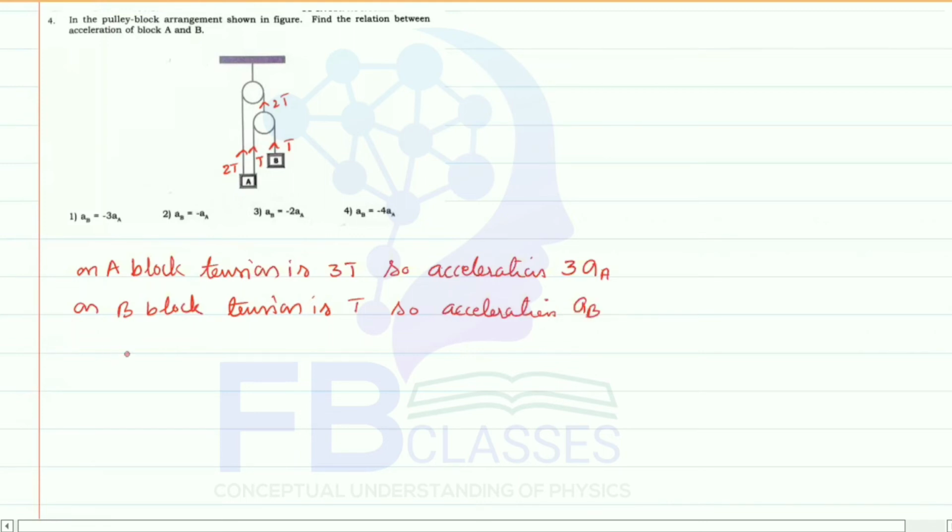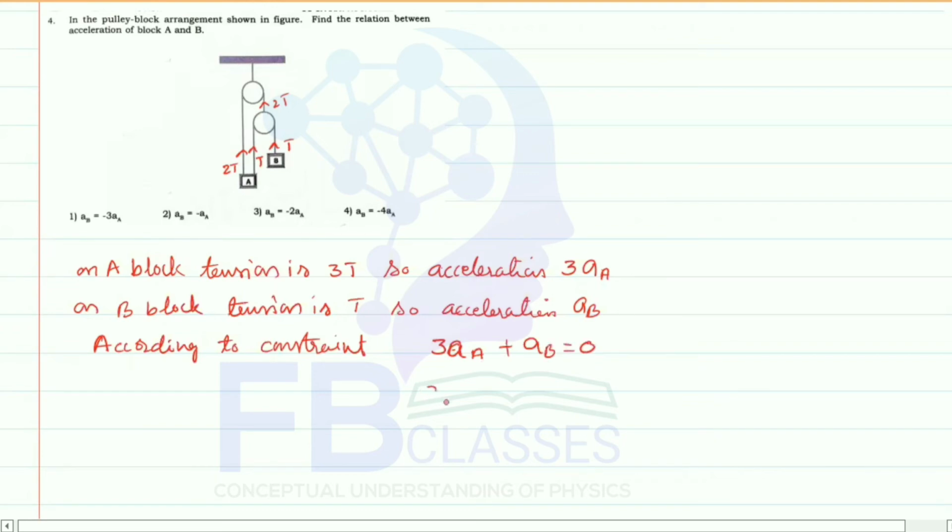So now according to the constraint equation, see here, what am I going to write? Simply, we know very well, 3AA plus AB is equal to 0.